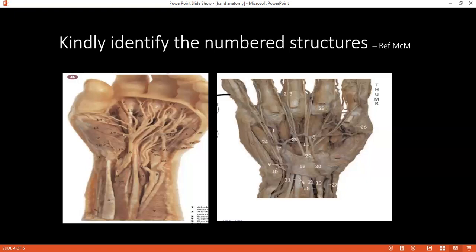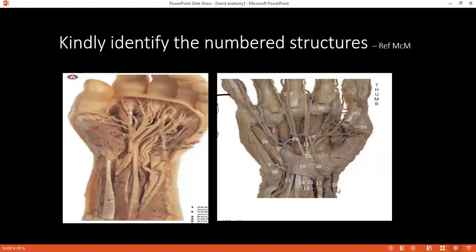30, you said radial artery. What is 29? 29 is the superficial palmar arch. This palmar arch arises from which vessel? Ulnar artery. So this is the ulnar artery and this is the palmar arch. This is the radial artery.